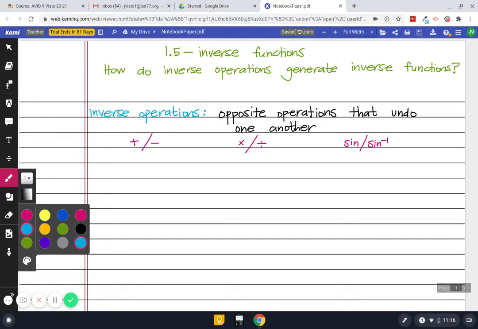And we use those inverse operations to build or create inverse functions. And inverse functions are two functions that use inverse operations to undo one another.